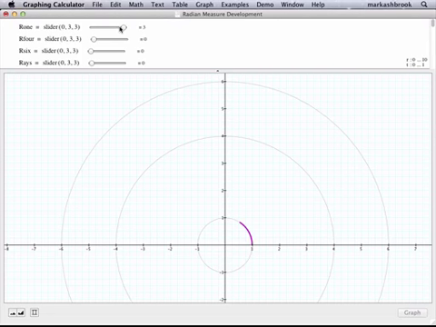What's the arc length? Isn't that a radian? We're getting there. So what is the length of this arc? Okay, so it's 1.